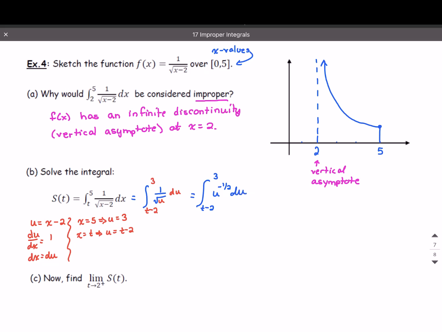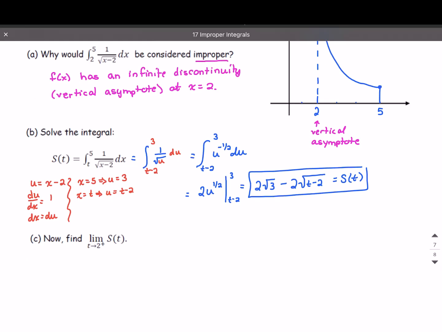Now we're ready to take the antiderivative. We add 1 to negative 1/2, we get 1/2. We want to divide by that exponent 1/2, but that's the same as multiplying by 2, which is easier. We evaluate this from t minus 2 to 3. When we substitute in the 3, we have 2 times the square root of 3, minus, substituting in the t minus 2, 2 square root of t minus 2. So this is s of t.